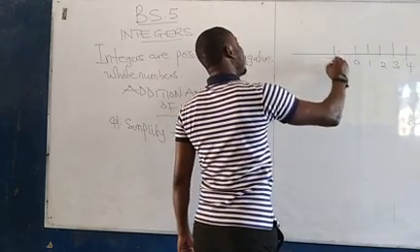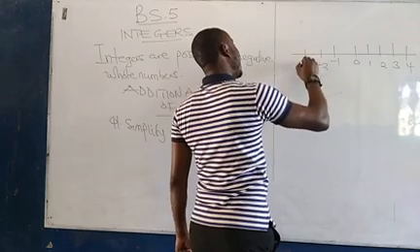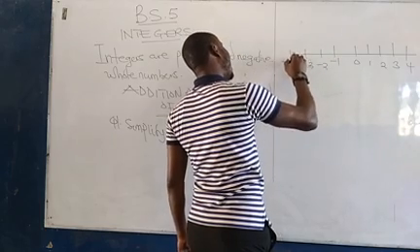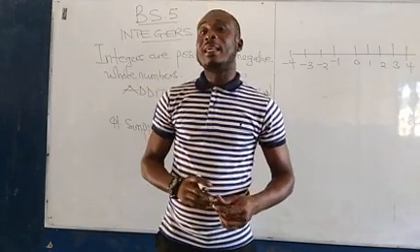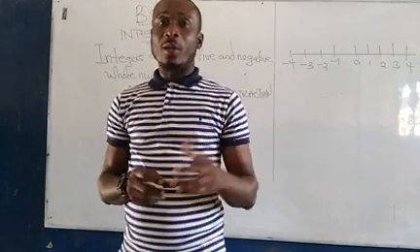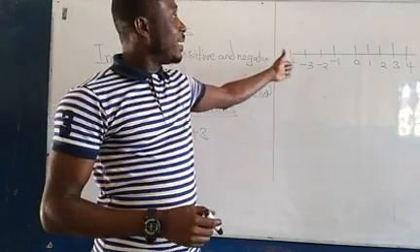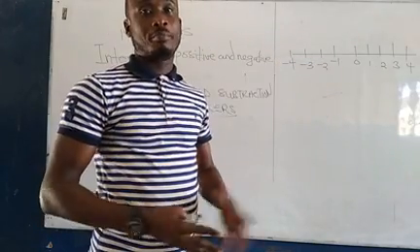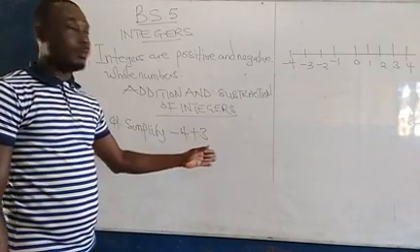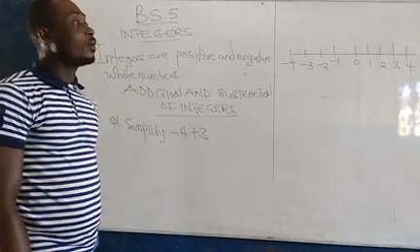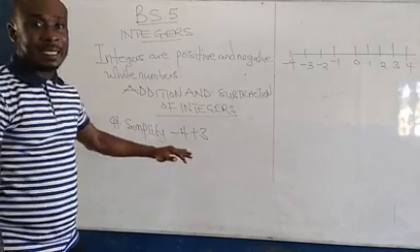I have my negative 1, negative 2, negative 3, my negative 4 here. So the question says that everybody draw this, negative 4 up to 4. And I'll be giving negative 4 plus 3. The first number is the negative 4.